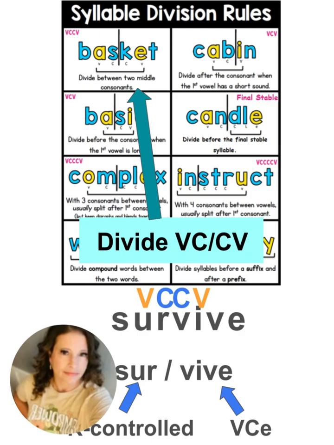And the last one is a vowel consonant E syllable. So it's vive, because that vowel consonant E makes it the long I. Therefore, we have survive.